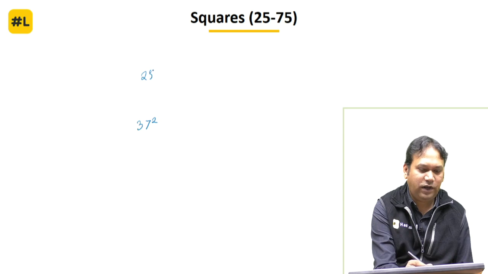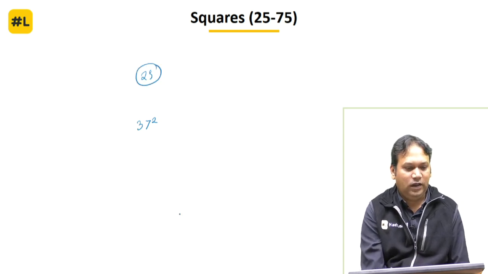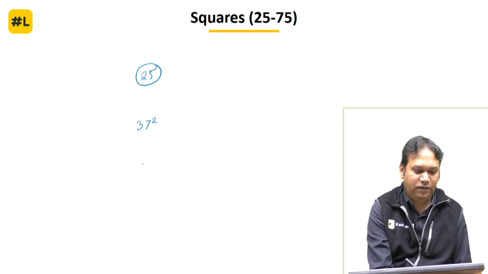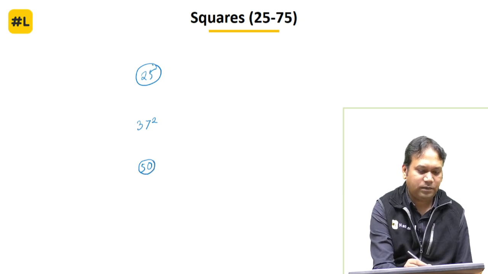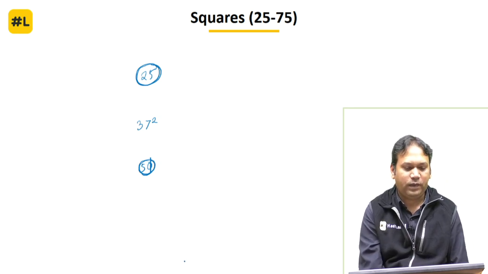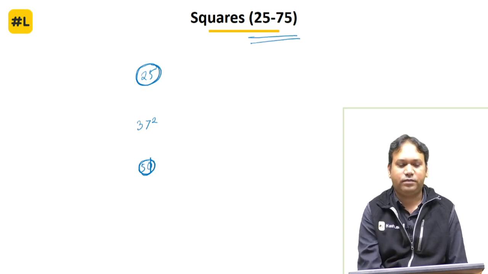Take one value as 25 and one value as 50. These 2 numbers we have to keep in mind to find out 37 square and to find out all squares in the range 25 to 75.